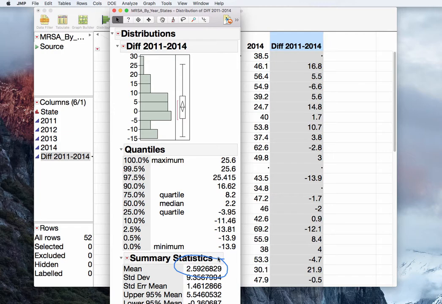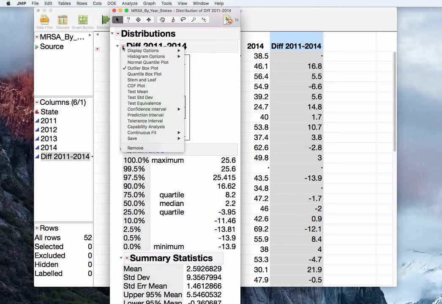And in fact, we actually want to see if this 2.59 is actually a reduction. So is this greater than 0? We've done 2011 minus 2014. So we want to see if 2011 is greater than 2014, or if 2011 minus 2014 is greater than 0.